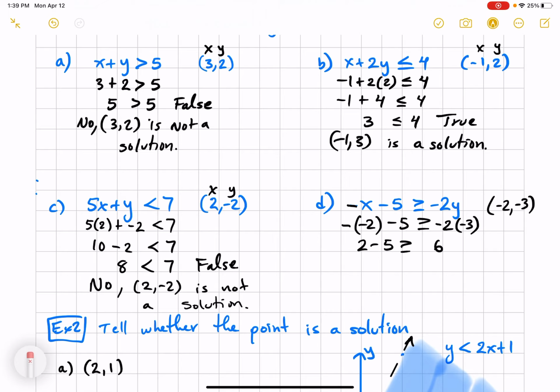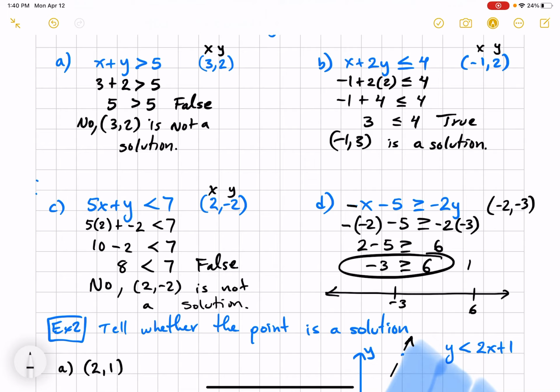Positive 6. And so this is -3, and -3 is greater than 6. What we do is we look at the number line, and on the number line, we notice that -3 is here and 6 is here. 6 is on the right side of -3. That means 6 is greater than -3, or we could say -3 is less than 6. That means this is false. So this is not a solution.